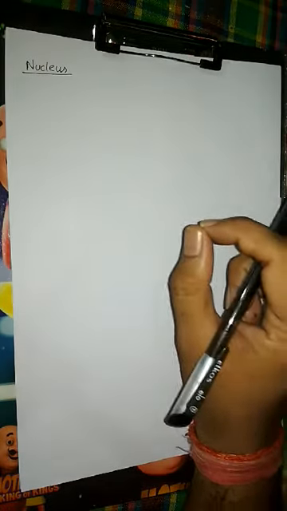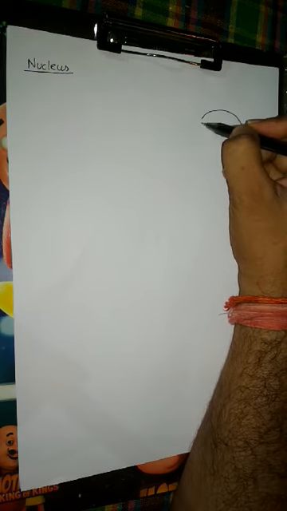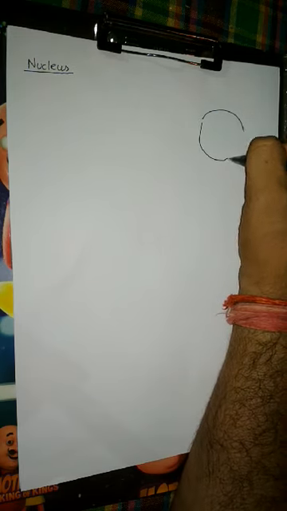So basically the nucleus is a double membrane bound cell organelle. That diagram I will show you. So these two are the membrane.